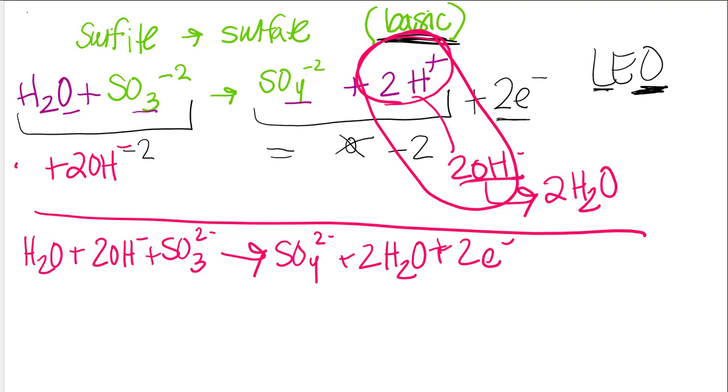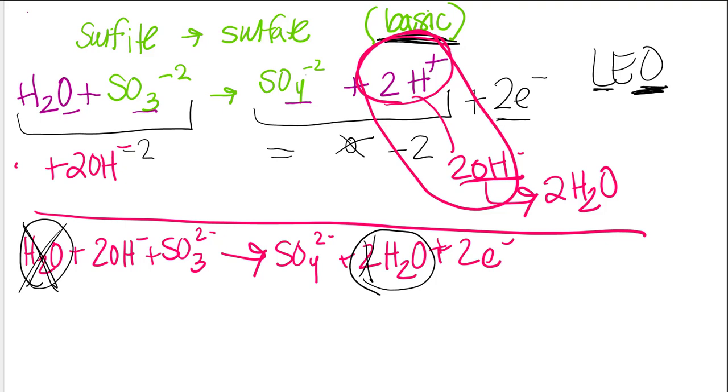Well, we can do one more simplifying here. I can look and see that I've got a water on the left, and I have 2 waters on the right. So we can just subtract 1 water, and this 2 waters goes down to 1 water. So 2 minus 1 gives me 1.